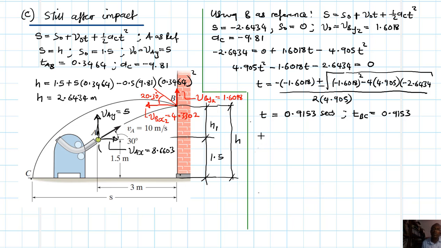All right. So now using again S equals S naught plus V naught T plus half AC T squared in the horizontal direction.